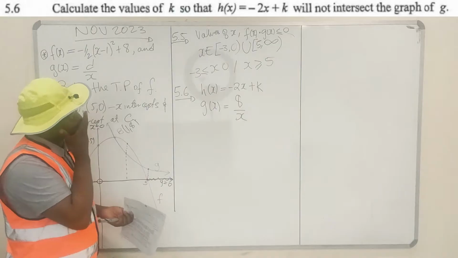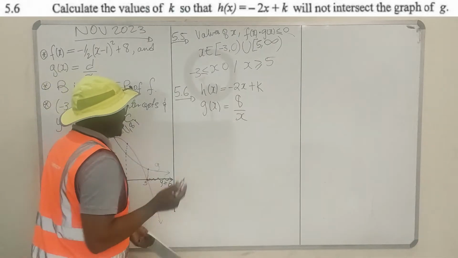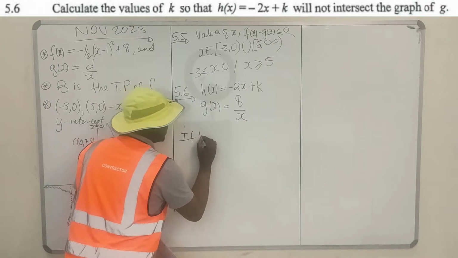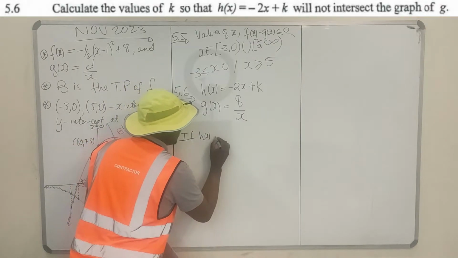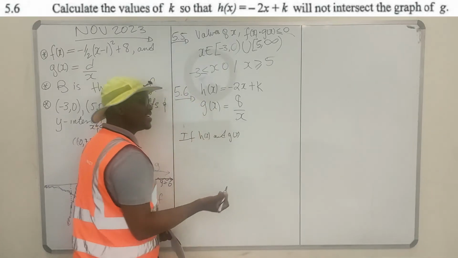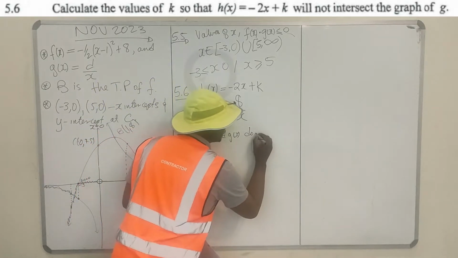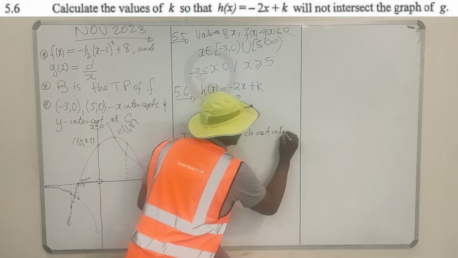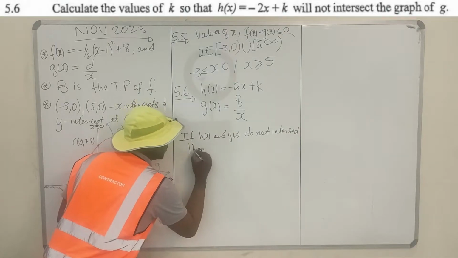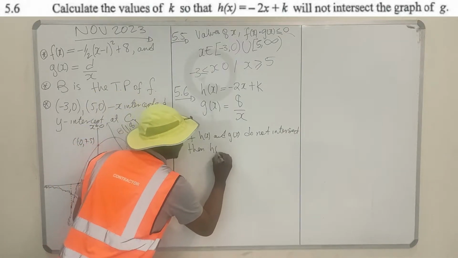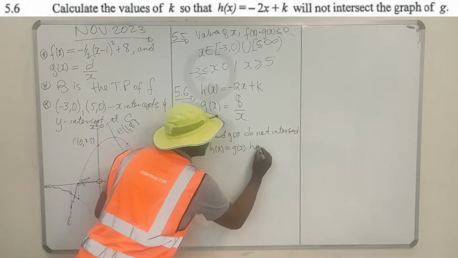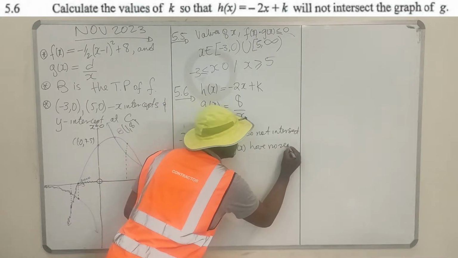You say, okay, if h of x and your g of x do not intersect, then h of x equal g of x has no real solutions.